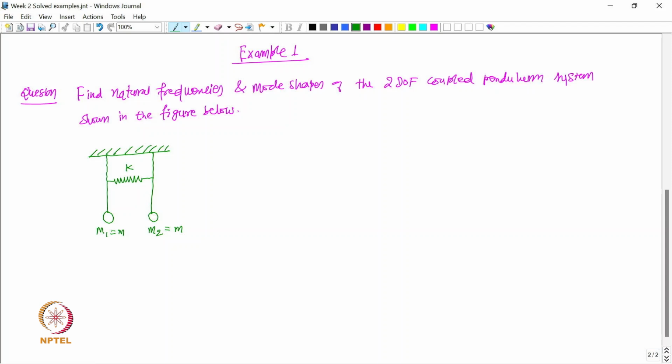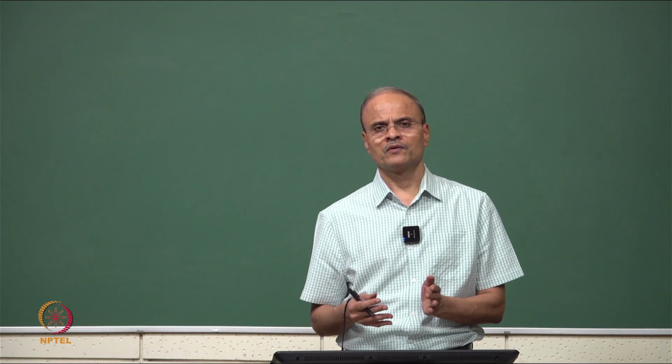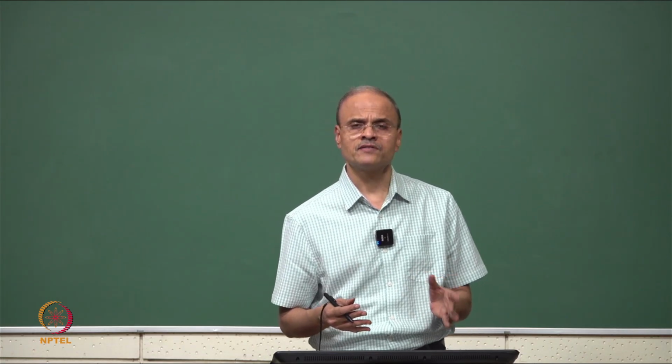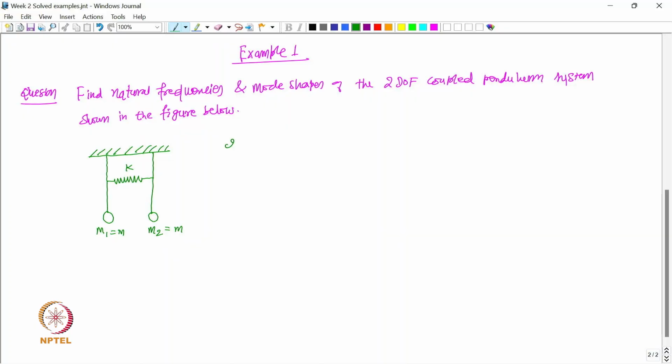This system has 2 degrees of freedom because both pendulums can have independent, different angular displacements. If the angular displacement of pendulum 1 is given, then during vibration we would not be able to determine from that the angular displacement of pendulum 2. They are independent in that sense, and hence this system has 2 degrees of freedom.